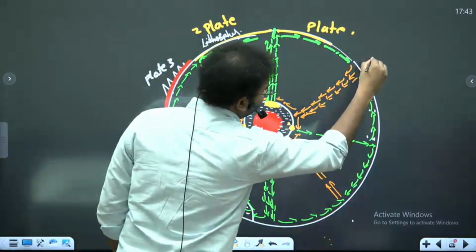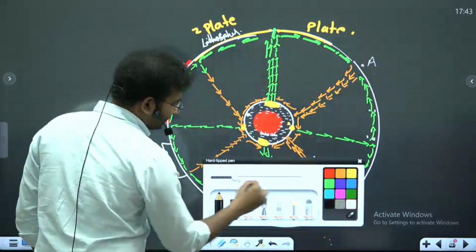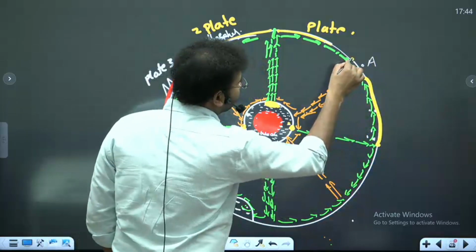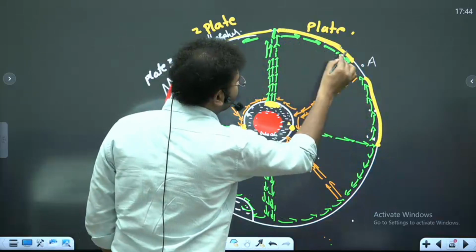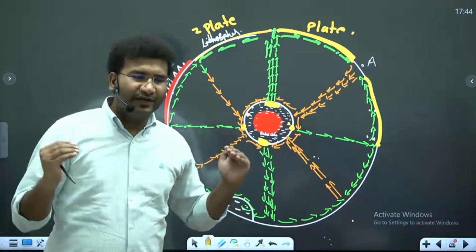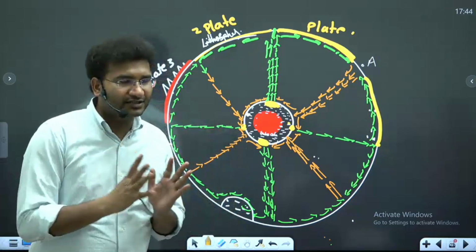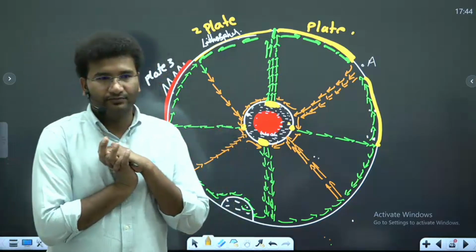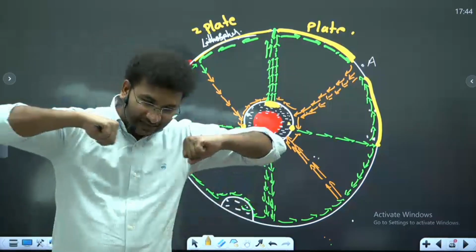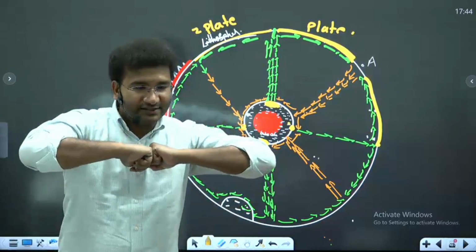This is point A, and this is one plate, and this is also another plate. Right? Are these plates moving away from each other or pushing against each other? They are pushing towards each other. Why?